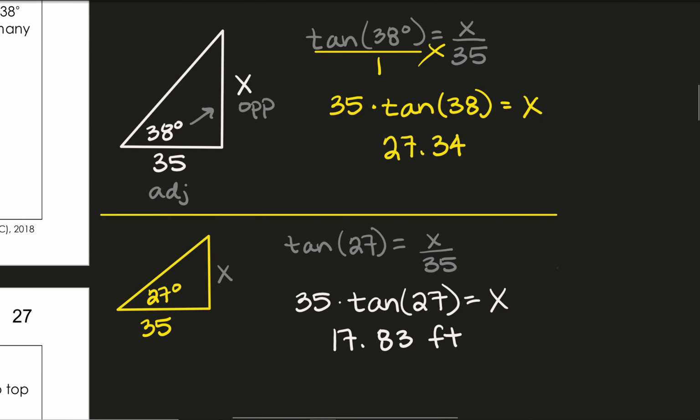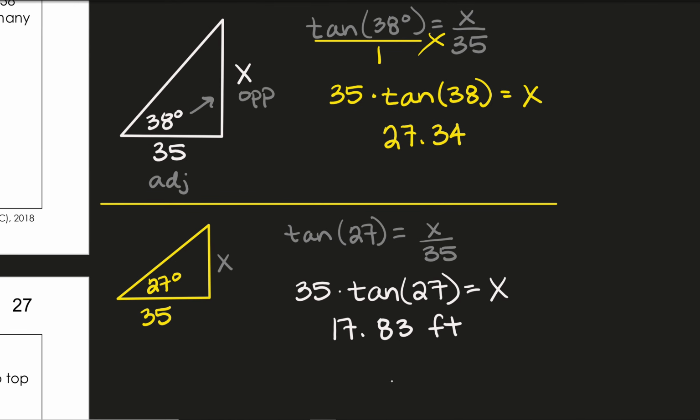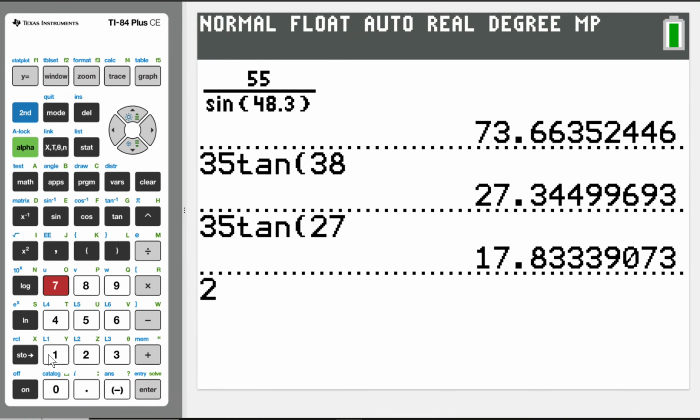So if we look at our work, Max is 27.34 feet in the air. John is 17.83. So if we want to find the difference between them, how much taller Max is than John, then we just need to subtract these. So on my calculator, we'll say 27.34. And we will subtract what we got for John, which was 17.83.